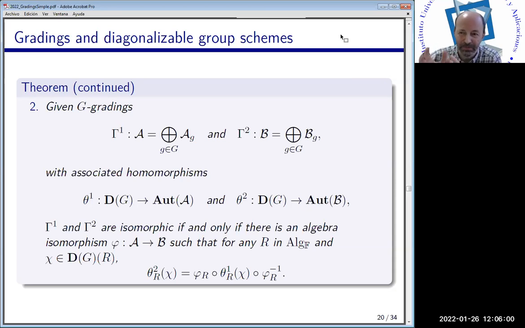I always think of group schemes as functors from the category of unital commutative associative algebras into the category of groups. So this is the natural condition, the conjugation condition.